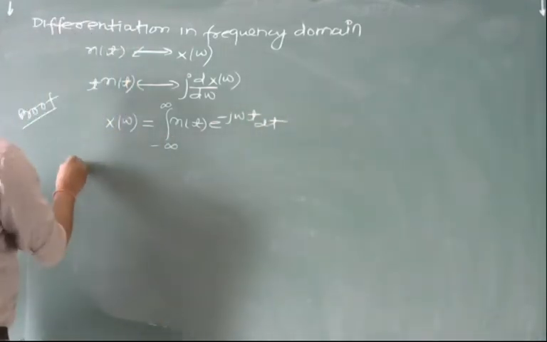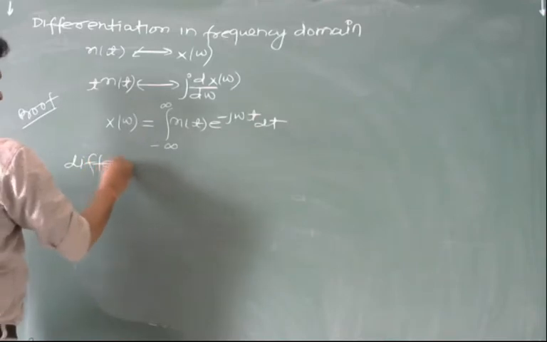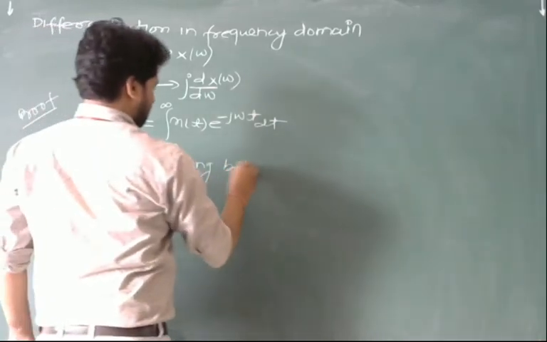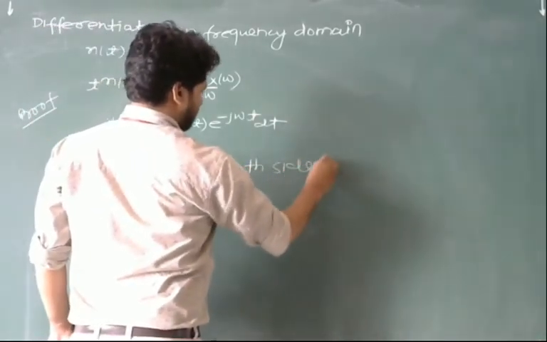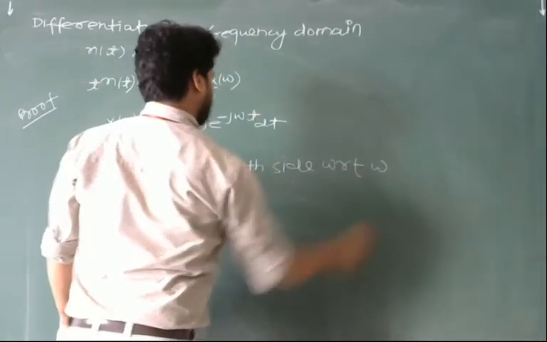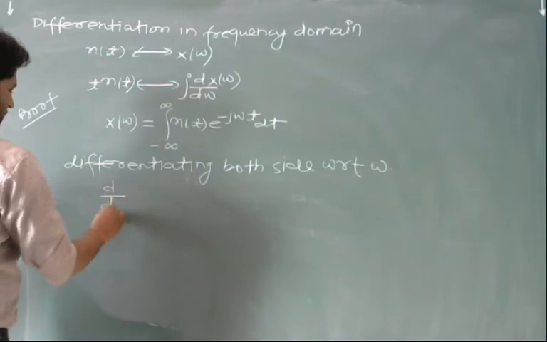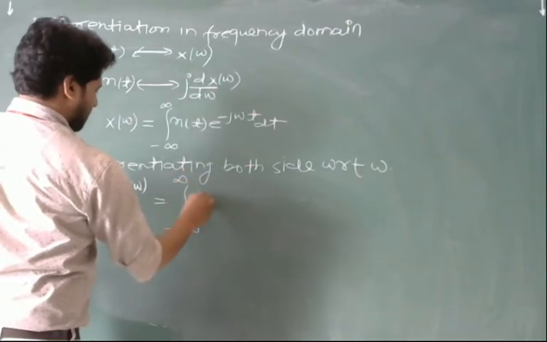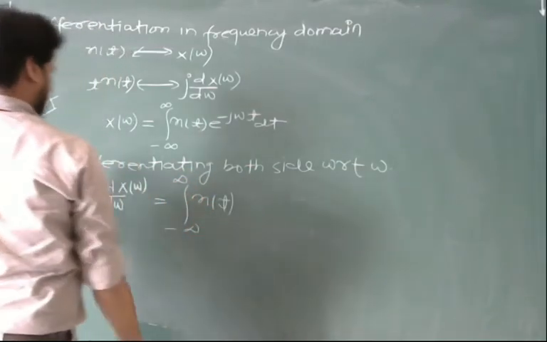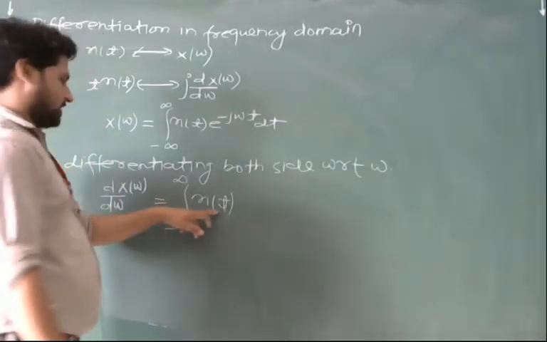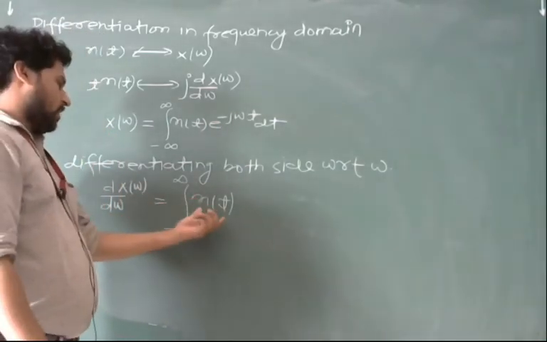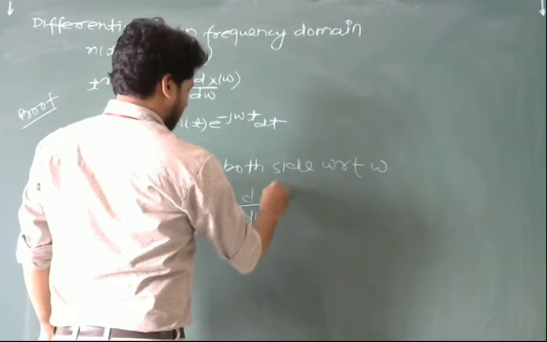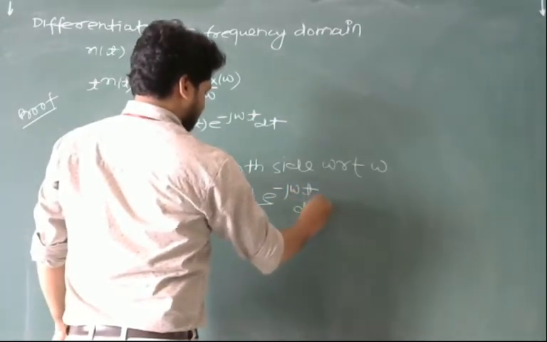Now differentiating both sides with respect to omega, we get d by d omega of X(omega) equal to integration from minus infinity to plus infinity of x(t), because with respect to omega x(t) is a constant, so I will put it outside of the differentiation, and this will become d by d omega of e power minus j omega t dt.